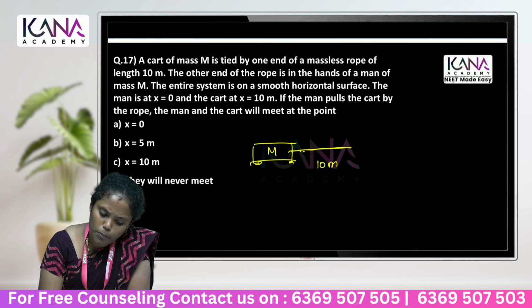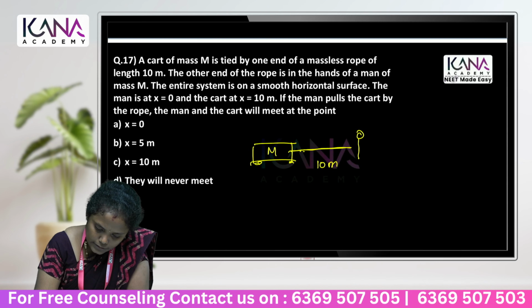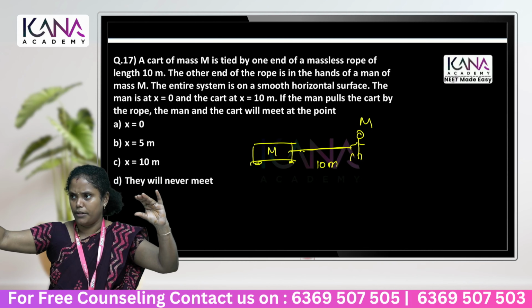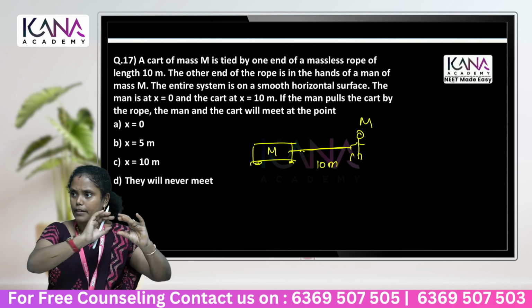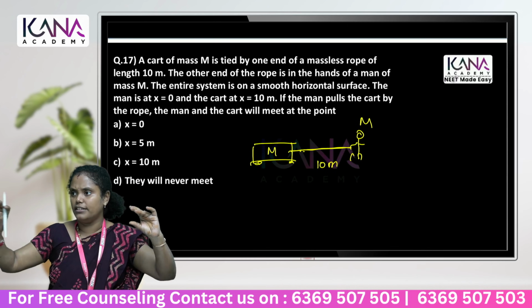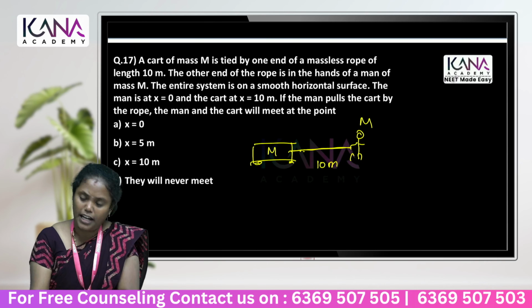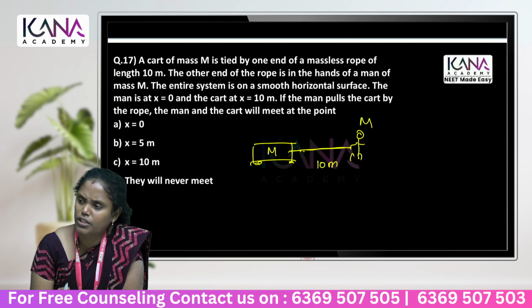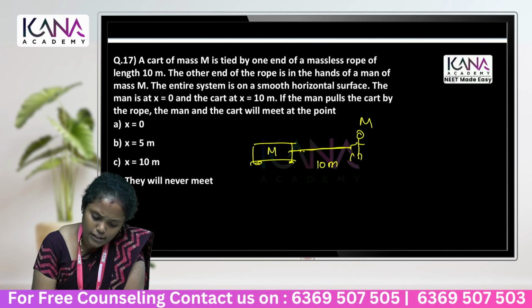The other end of the rope is in the hands of a man of mass m. ரெண்டு ஆப்ஜெக்டோட மாஸ் என்ன, m தான். Separated by a massless spring of length 10 meter. The entire system is on a smooth horizontal surface.